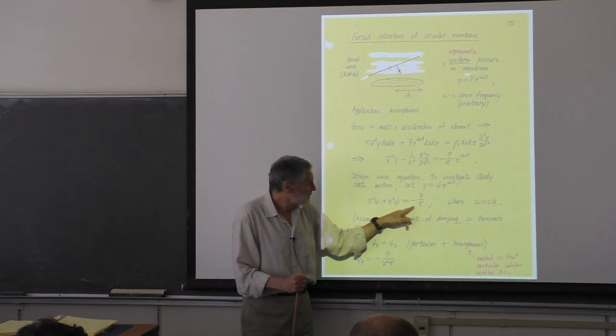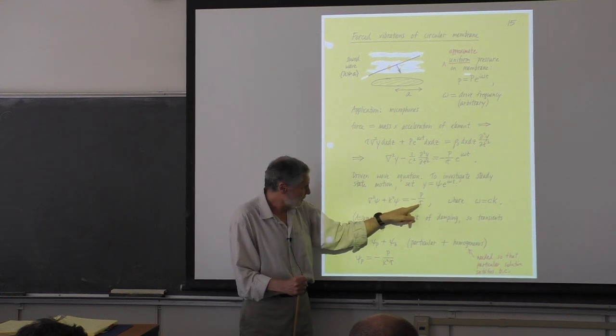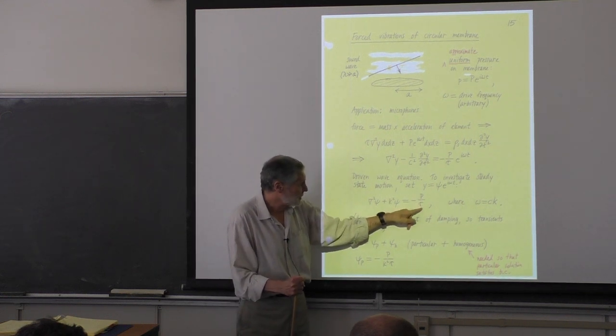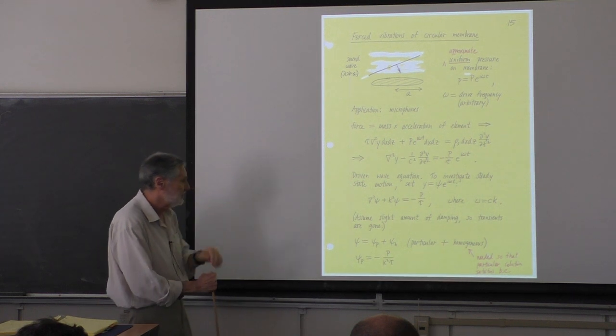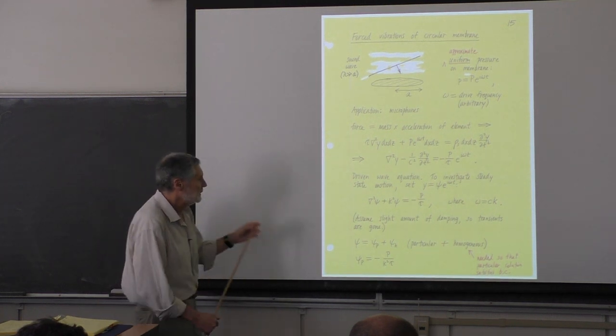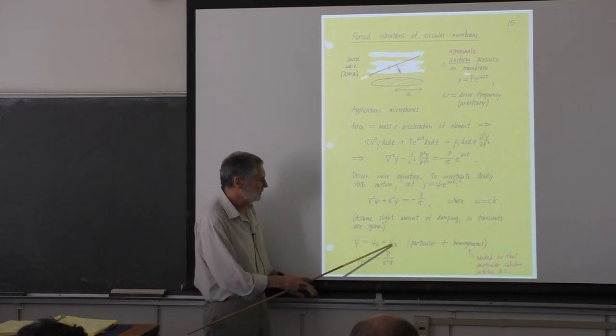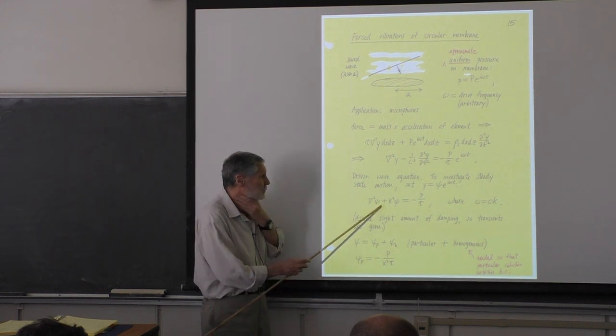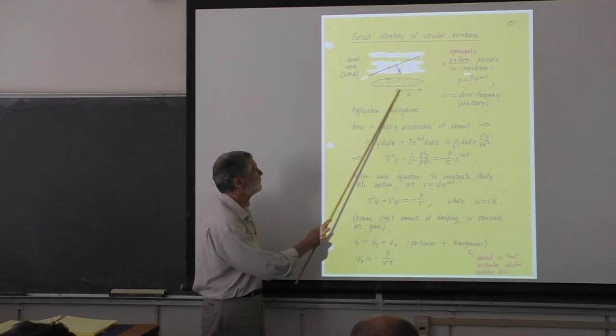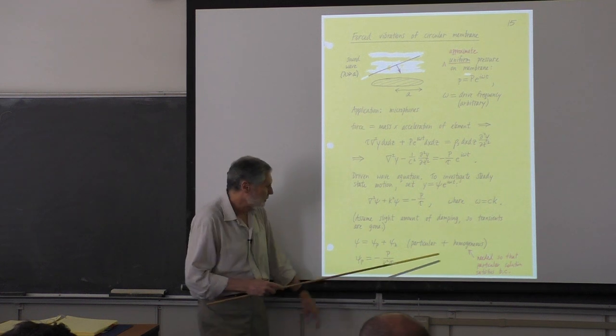The particular solution is the solution that satisfies the equation with the drive, and that's going to be unique. Then the total solution is the sum of the particular and the homogeneous. We need the homogeneous solution because we have to enforce this boundary condition. So you'll see that in a moment.